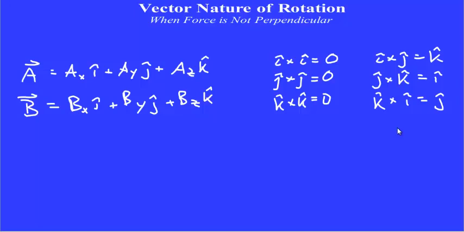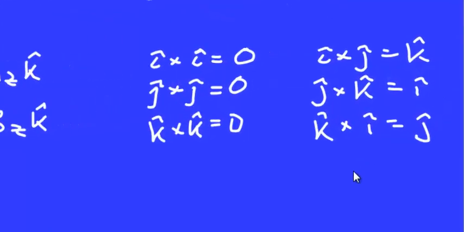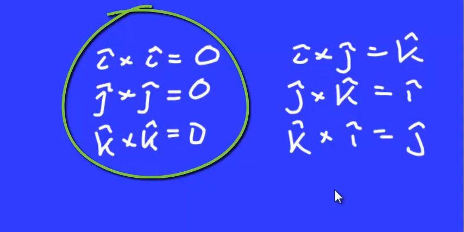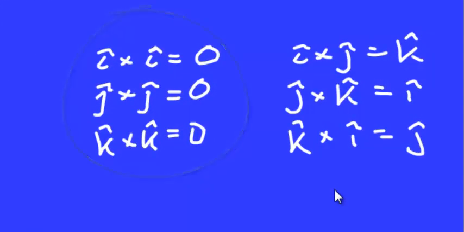For example, ax times bx, I cross I is 0, because they're parallel to each other. The sine of the angle between them, which is 0 because they're parallel, and the sine of 0 is 0. So I cross I is 0, j cross j is 0. Whereas some other ones, we are going to get components. I cross j yields a k, and so on.